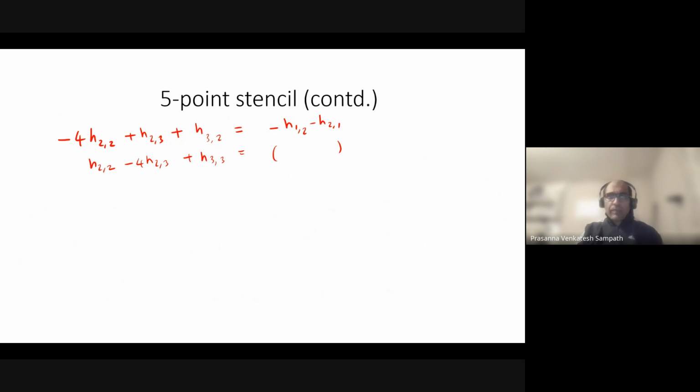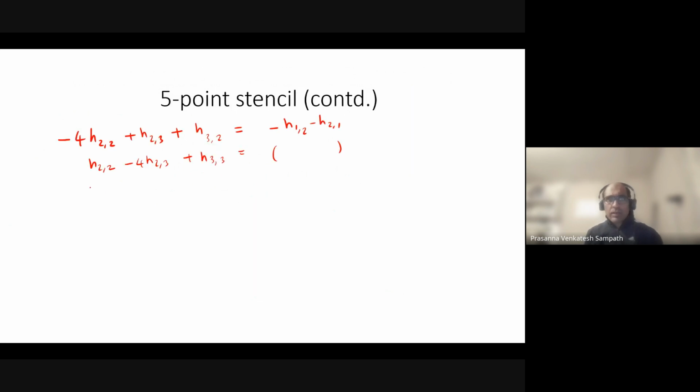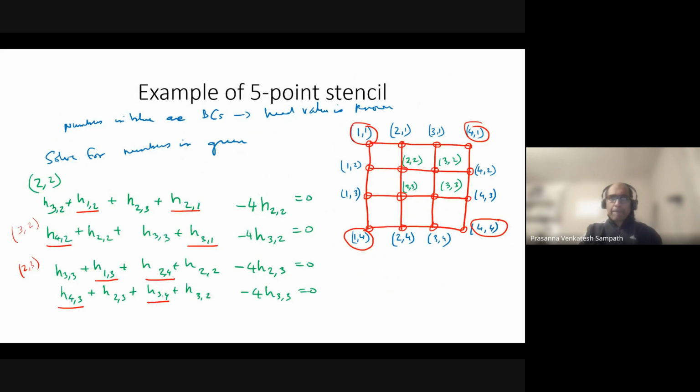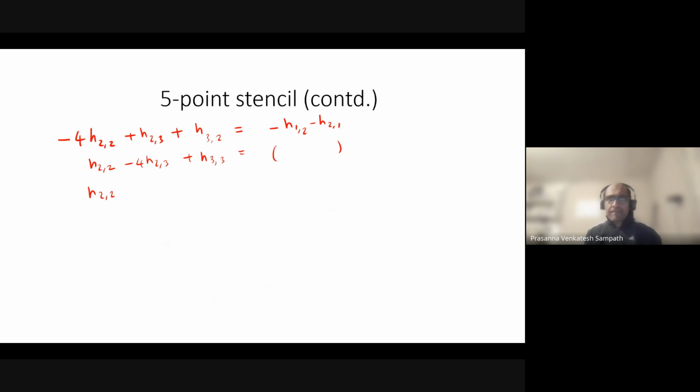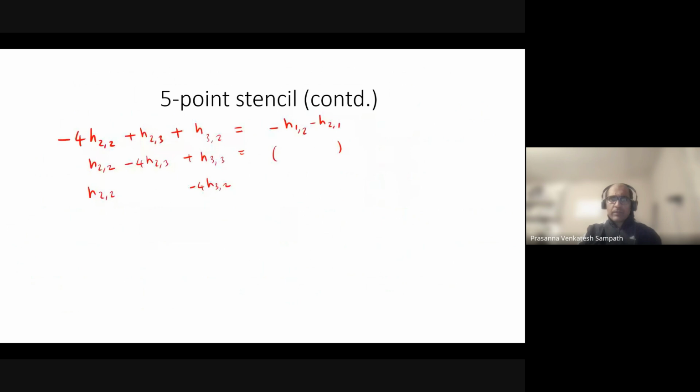Now let's go to the next equation, which will be 3 comma 2. So it will be h of 2 comma 2 minus 4 h of 3 comma 2, should have been a little bit more careful, plus h of 3 comma 3 equal to some constant, all the knowns go to the right hand side.